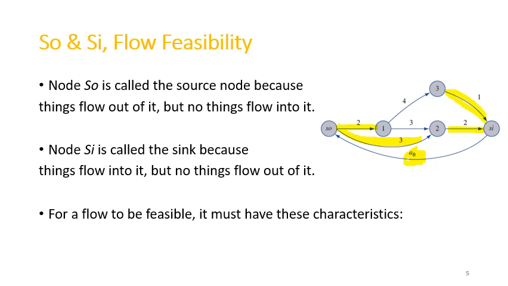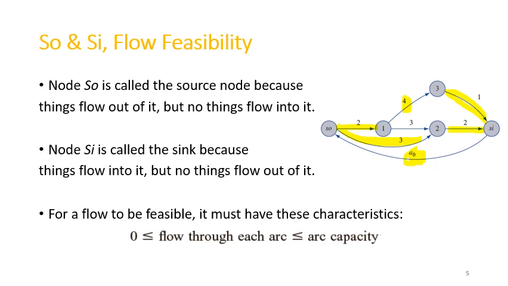Now, another thing is that for your solution to be feasible, the flow must have these characteristics. The first constraint says that the flow through each arc must be between 0 and the arc capacity, which is obvious because let's say the capacity is 4 between node 1 and node 3.